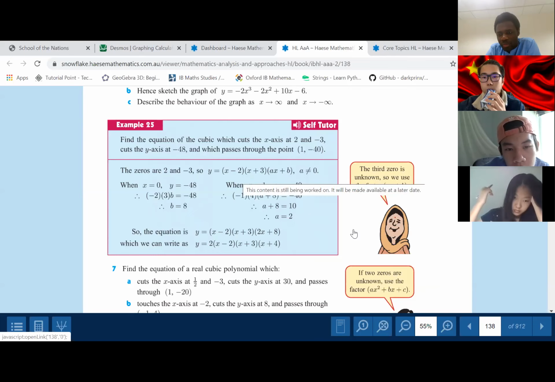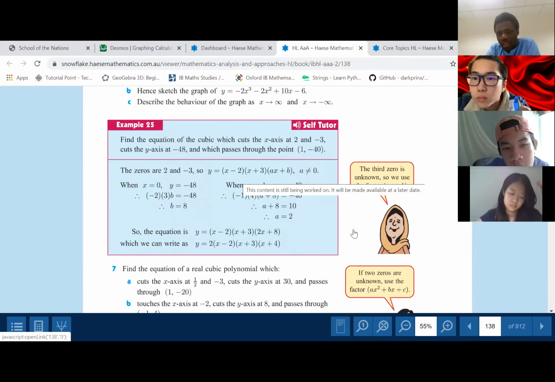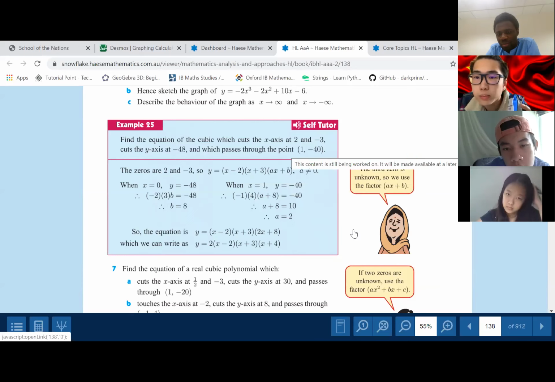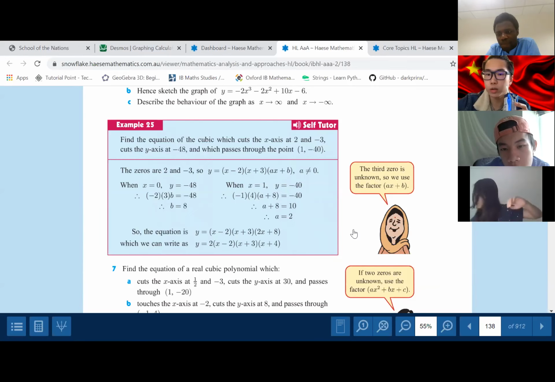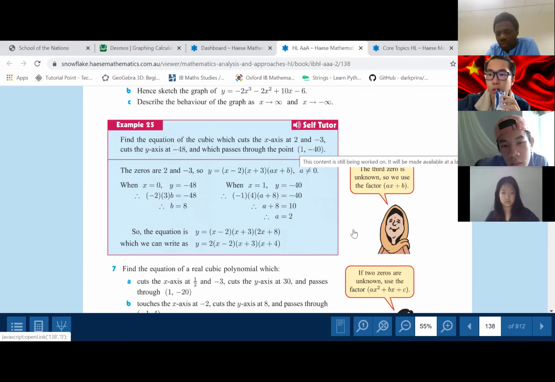Can you see my cursor, Leo? So you have this -2 because of 2. You have this +3 because of -3. You know why the sign changes, right? Talk to me. Do you know why the sign changes? Your page is not changing to the board. No, I'm not on the board. I'm on the textbook. I'm showing you the textbook.